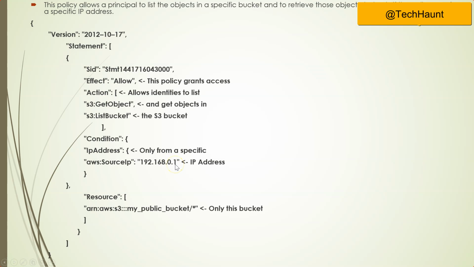If a request comes from a different IP address than this specified IP address, then they get an access denied error. And the resource is an ARN, arn:aws:s3:::, that's my public bucket, that's my bucket name. So that's how a policy looks in JSON format.